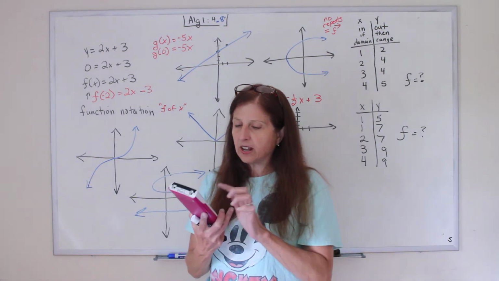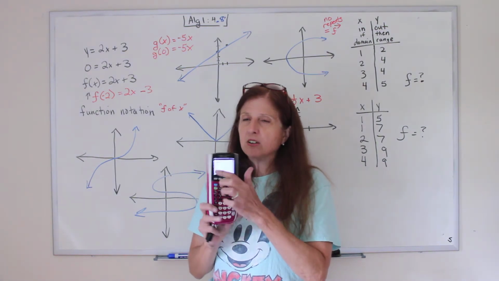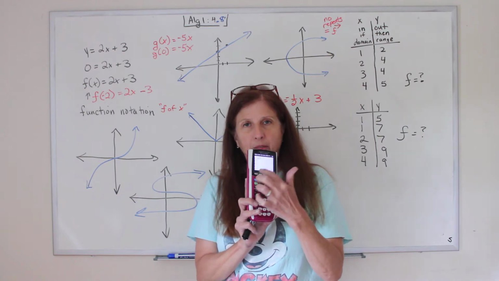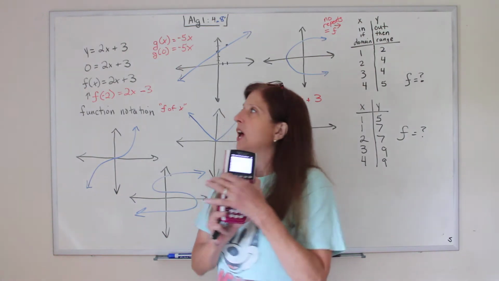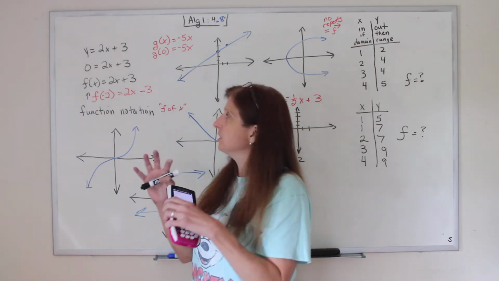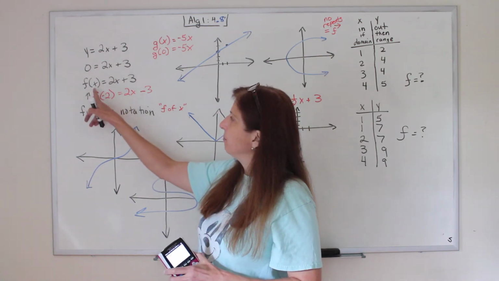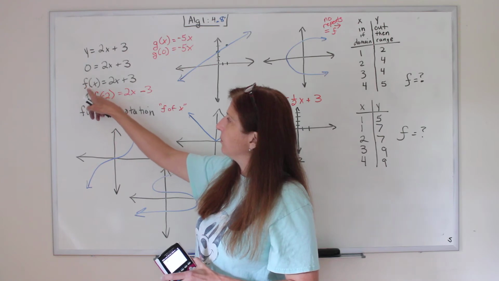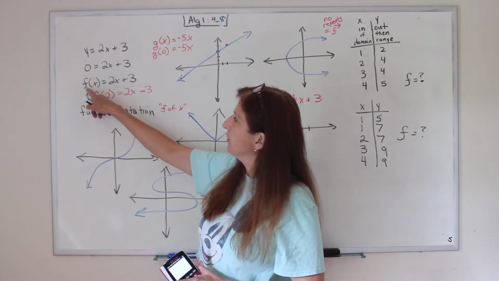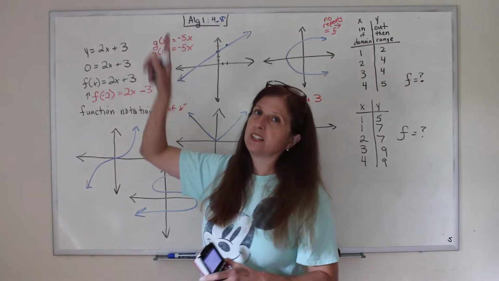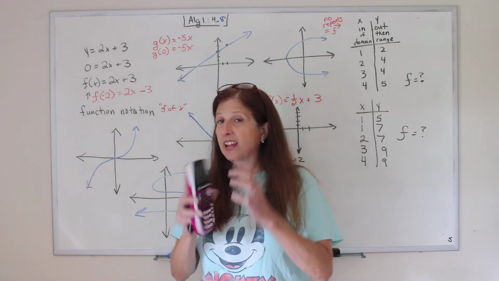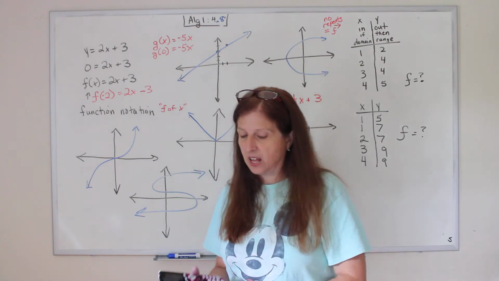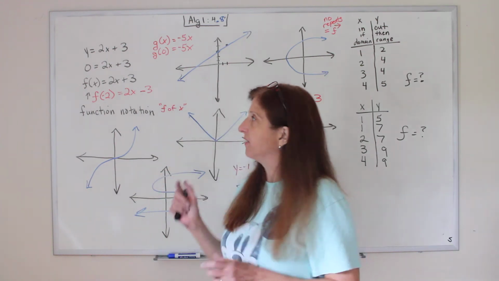If you turn on your calculator and push that button, you'll see that you've got y1, y2, y3, y4, all of these different y's of what it equals. Well, with function notation, instead of doing y1, y2, y3, usually they'll do f of x and then g of x, then h of x to be different equations. And see, your calculator can graph a bunch of different lines on your graph screen at the same time.